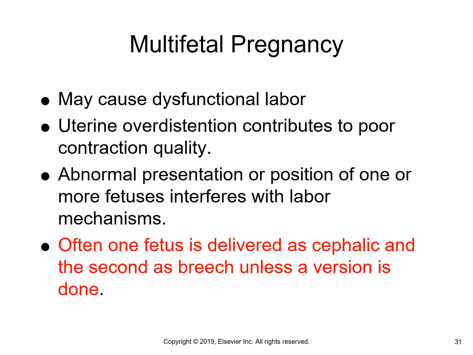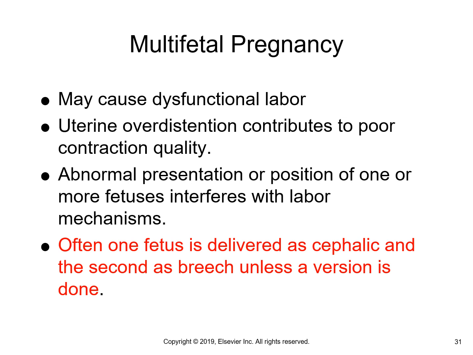When that happens, there's going to be poor quality uterine contractions. And you can also have an abnormal presentation or position of the fetuses, which can interfere with the mechanism of labor. Often one fetus is delivered as cephalic and the second as breech unless a version is done. Remember your version, right? You have your external and your internal.